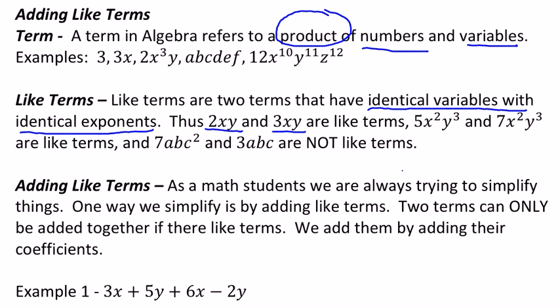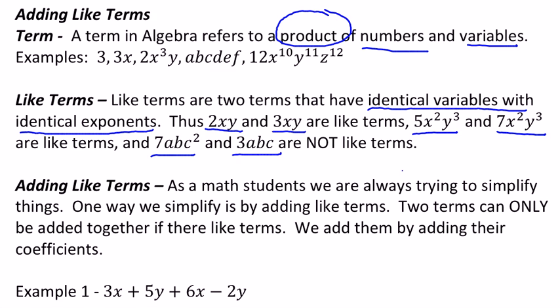They have the same variables, x and y, and both of them have a 1 as an exponent. 5x squared y cubed, 7x squared y cubed, those are like terms because they both have x and y as the variables, and then the exponent on both of them is the same. The last one, 7abc squared and 3abc, are not like terms because even though their variables are the same, the c has a different exponent, thus they are not like terms.